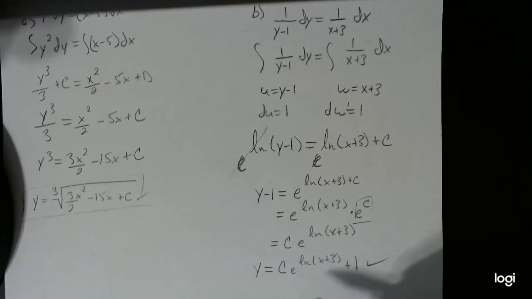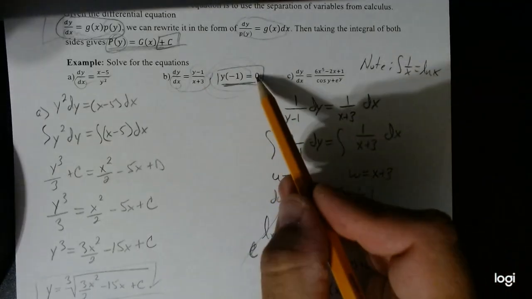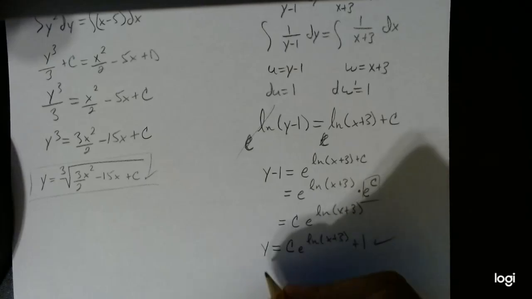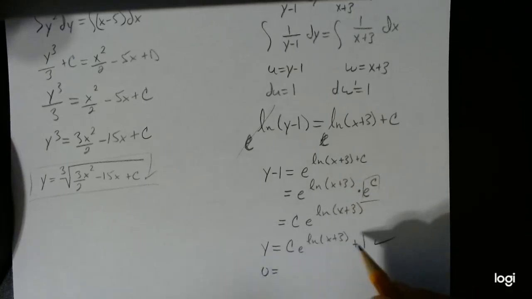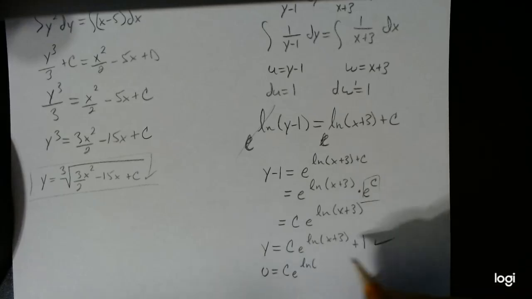The last step is using our initial condition. When x is -1, the y value is 0. So 0 is equal to c times e to the natural log of, plugging in -1, that gives you 2 plus 1.